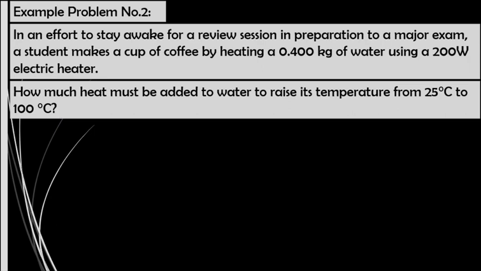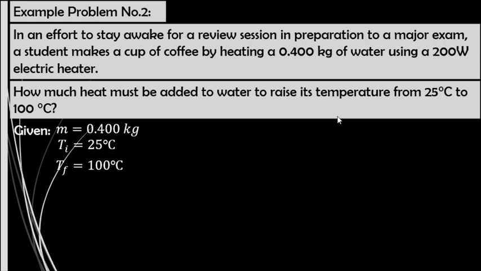So let us analyze again our problem by identifying the given. So we are given mass of water, which is 0.400 kilogram, the initial temperature, which is 25 degrees Celsius, and the final temperature, which is 100 degrees Celsius.